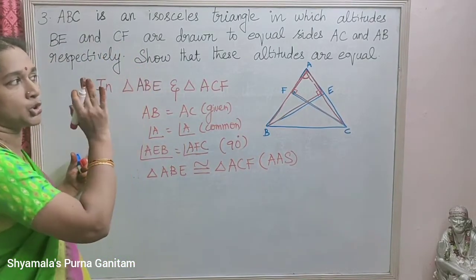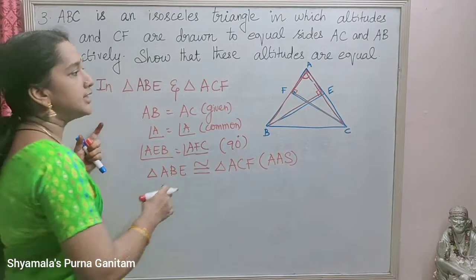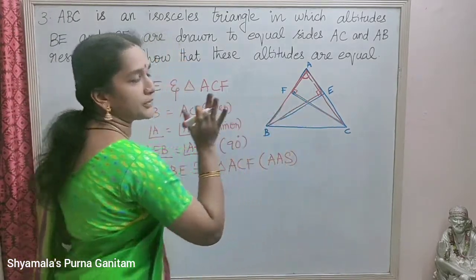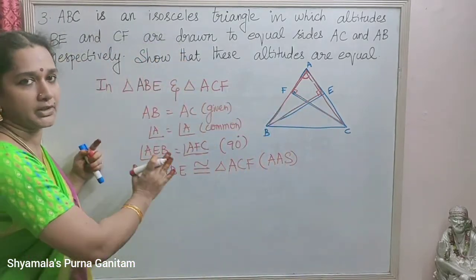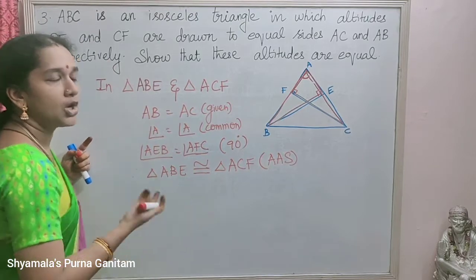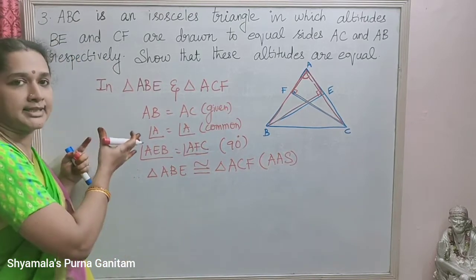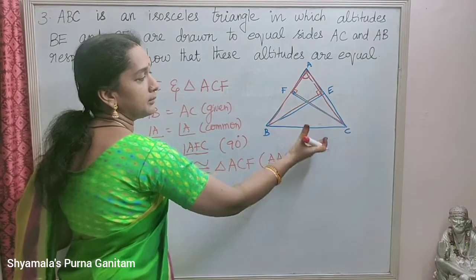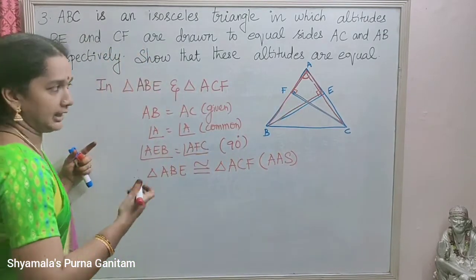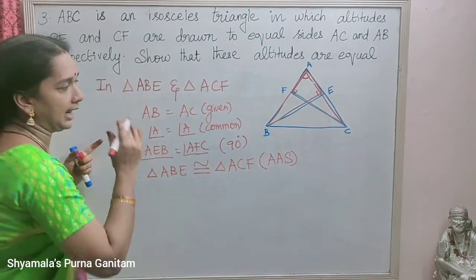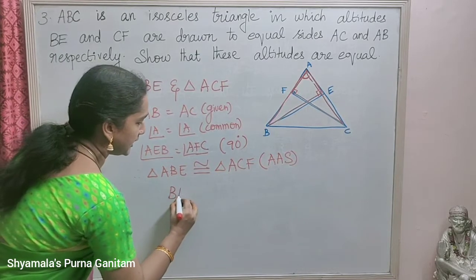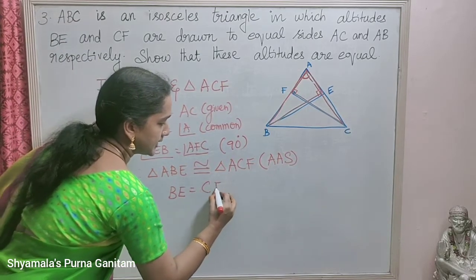These two altitudes are corresponding sides of the congruent triangles that we have proved. So obviously by CPCT, we can say that BE and CF are equal, that is nothing but the altitudes.